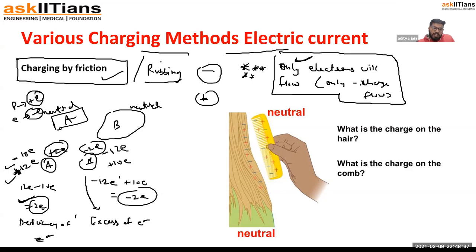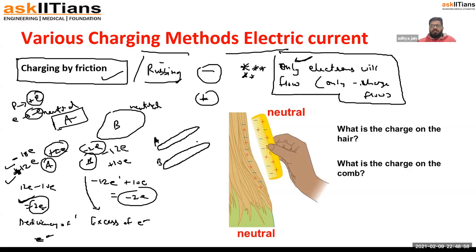Now coming back to the friction or rubbing process. Whenever you rub or provide friction to any two bodies, some transfer of charge takes place. Suppose these bodies are being rubbed against each other.